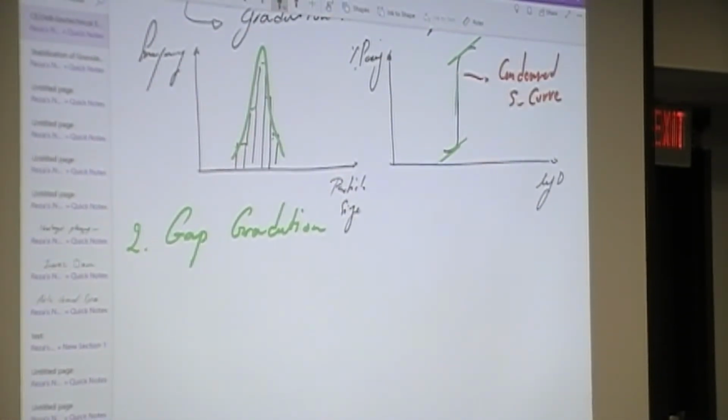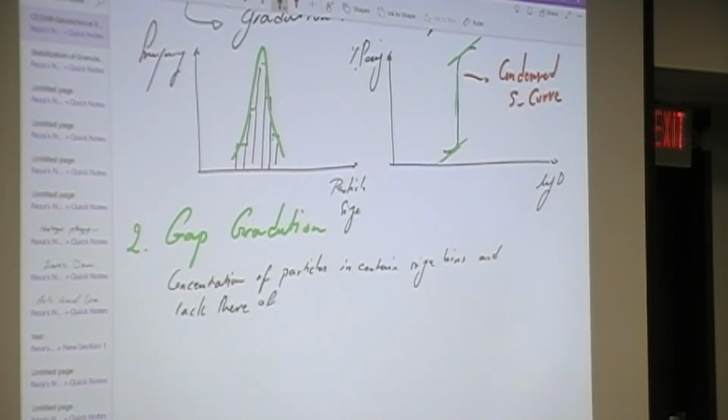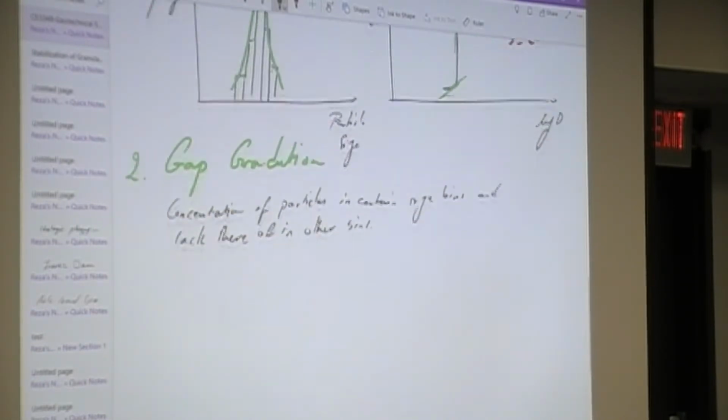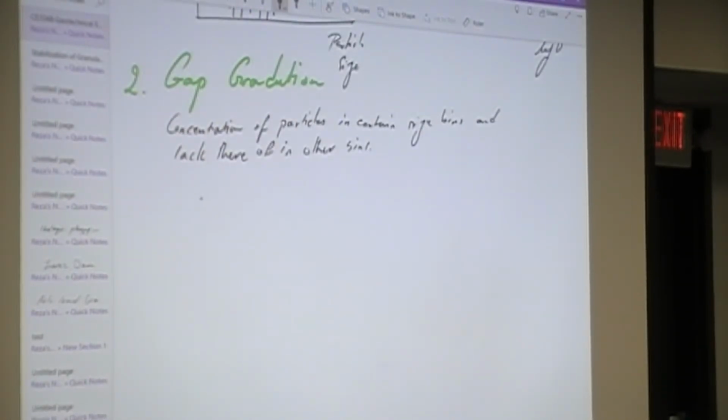So gap gradation essentially tells you that you have concentration of particles in certain size bins and lack thereof in other bins. So let's see how this one would look like.